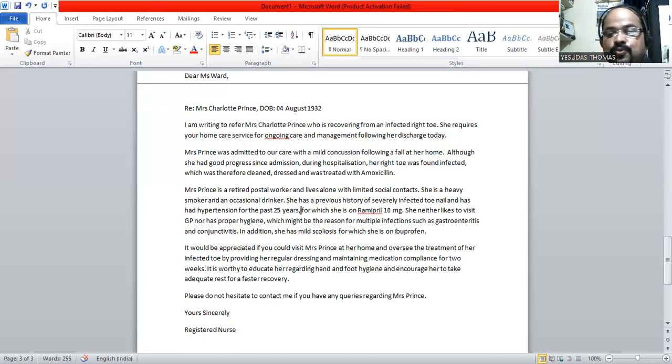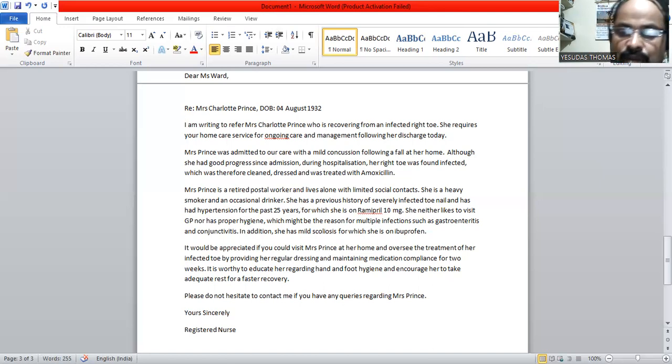She neither likes to visit her GP nor has a proper hygiene, which might be the reason for multiple infections such as gastroenteritis and conjunctivitis. So she has multiple problems, infections, gastroenteritis and conjunctivitis, and this might have been caused by the poor hygiene which she has been following. In addition, she has mild scoliosis.